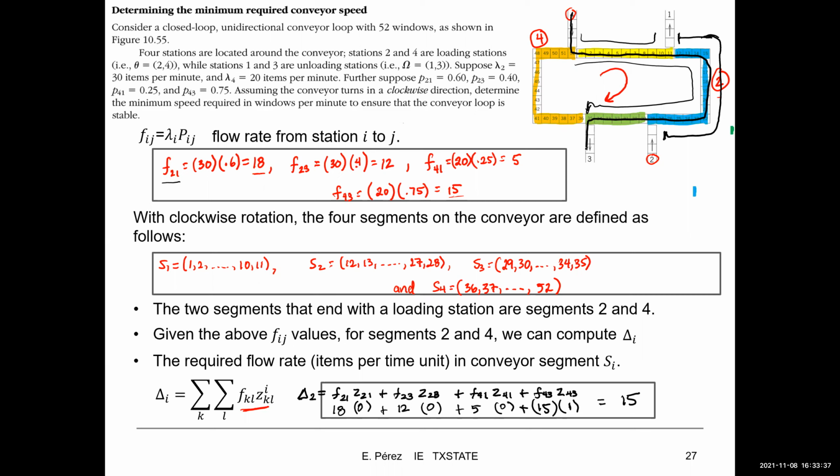We can do this for segment 1, segment 2, segment 3, segment 4. If we do it for segment 1, let's do segment 1. This is going to be equal to F21 times Z21. Actually, I don't have to rewrite the equation. It's going to be the same equation.